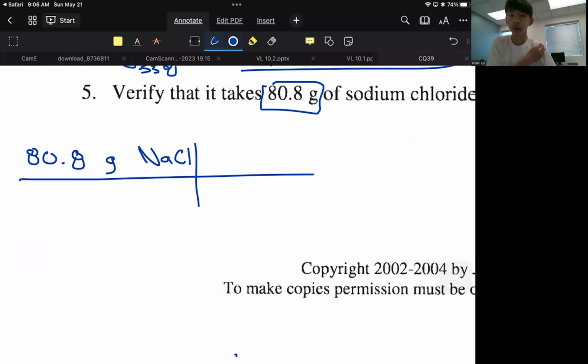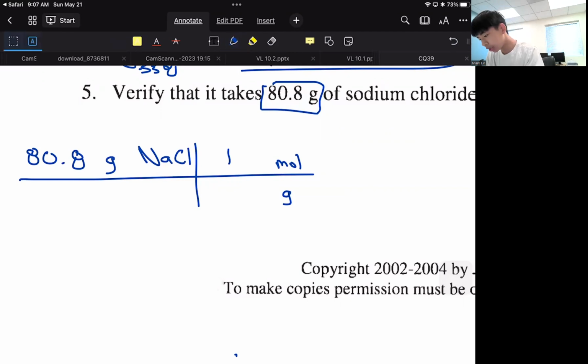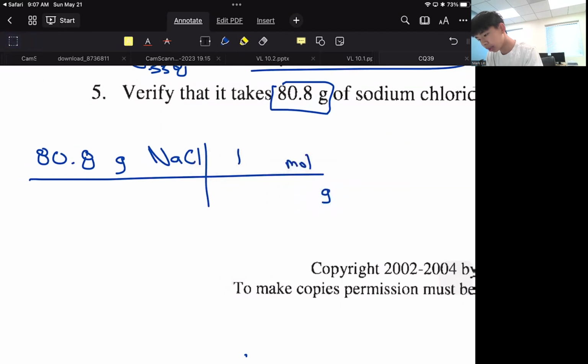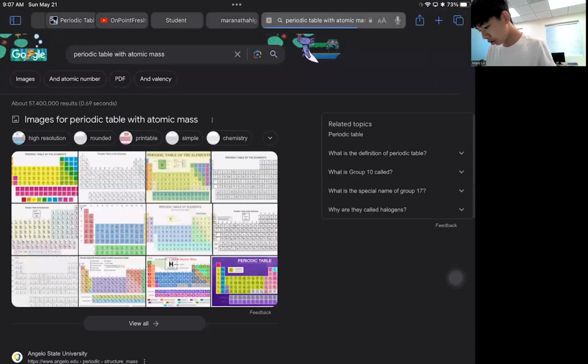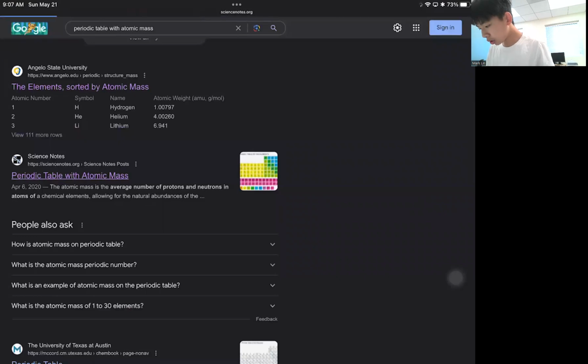I can't even remember what the name of the ratio is, the mole something. It's just adding the things together. So Na, let me check the periodic table.